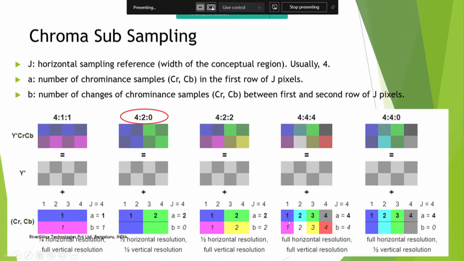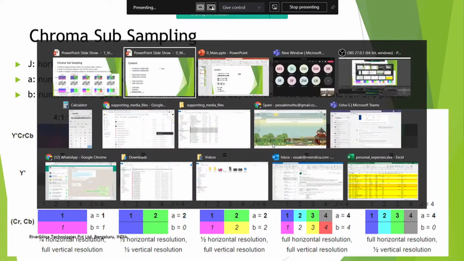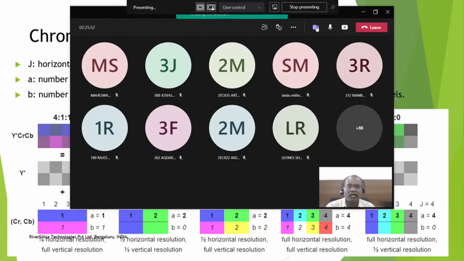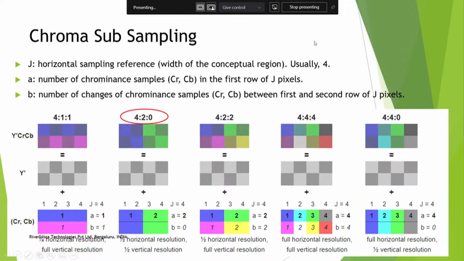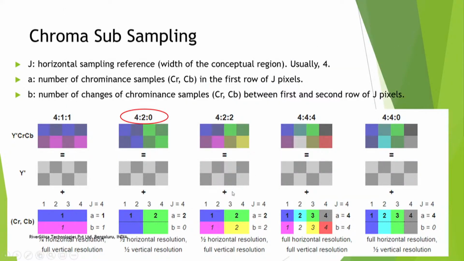Suppose in the original picture there are 3 planes, Y plane, U plane, V plane. In each plane it is full width and height resolution.